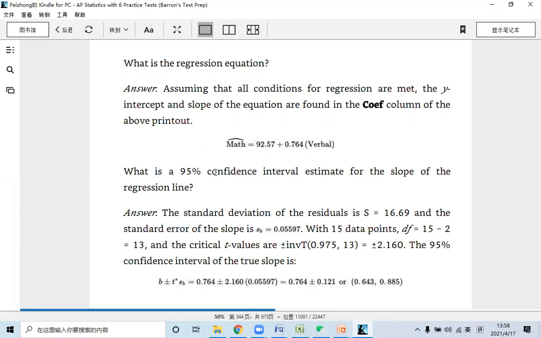What is a 95% confidence interval estimate for the slope of the regression? Slope, where's the slope? The slope is here, 0.764.